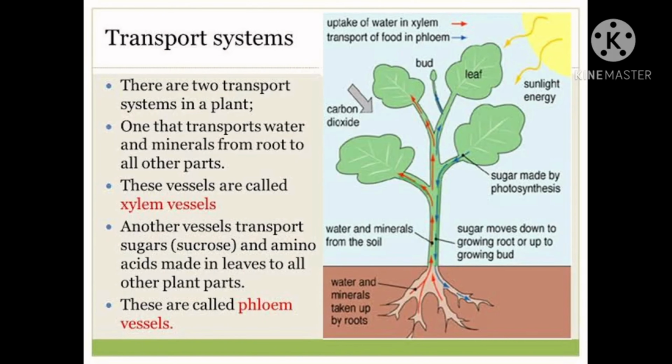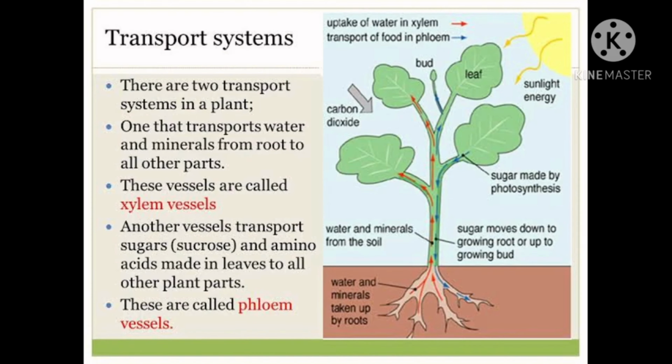So children, there are two transport systems in a plant. One transports water and minerals from the root to all other parts of the plant, and these vessels are called xylem vessels. Once again I am repeating, the vessels that transport water and minerals from the root to all other parts of the plant are called xylem vessels.